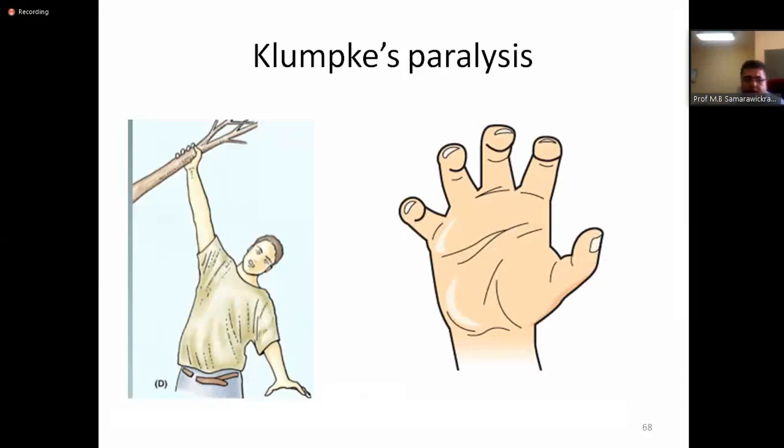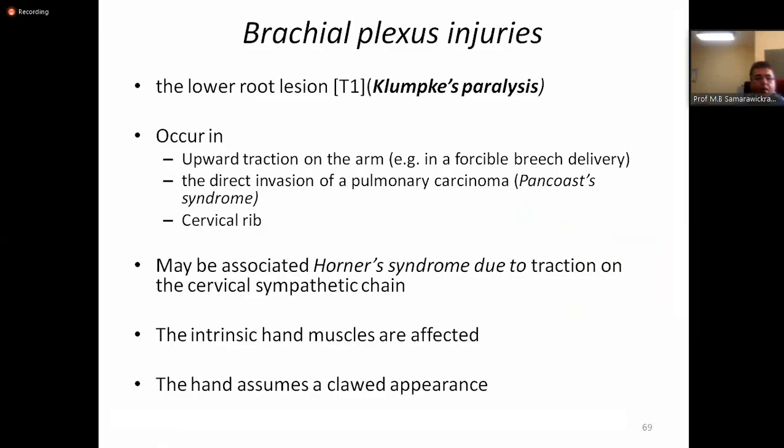Right, in Klumpke's palsy, the incident is hyperabduction or stretching of the lower root T1, and the result is a complete claw hand. Right, okay, it can also occur with upward traction of the arm, direct invasion by pulmonary carcinoma or by a cervical rib, and may be associated with Horner syndrome in the case of pulmonary carcinoma involving the T1 root.